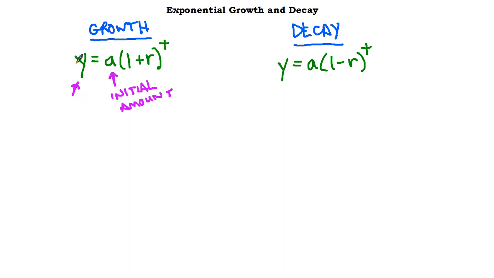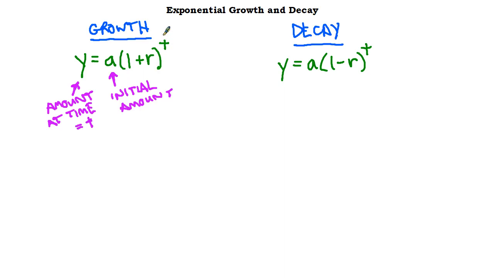Okay, so this y is usually the final amount, or we could just say the amount at time t. So if you're given a certain amount of time, the y will give us the amount of stuff that you have, like the number of people or the amount of money, at time equals t.